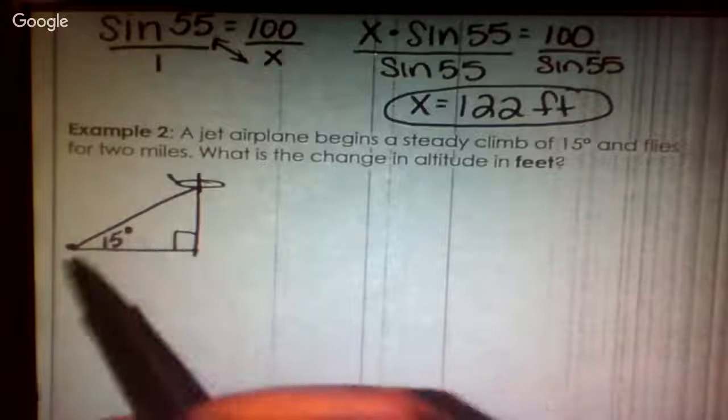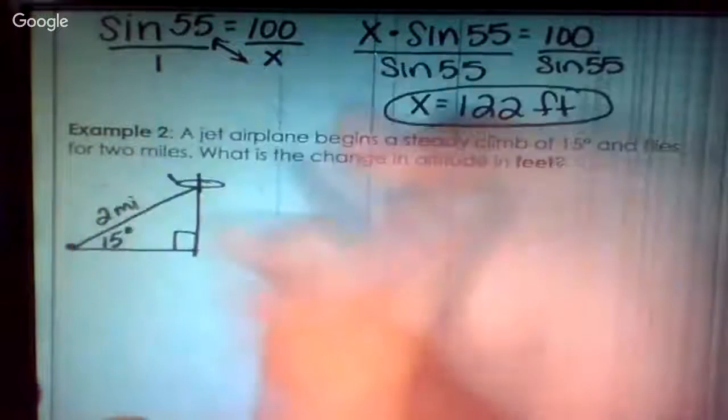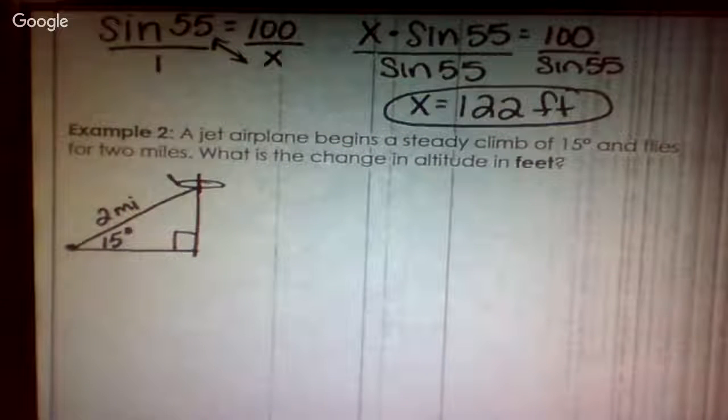The plane takes off from here and goes to here. This is 2 miles. It doesn't say your plane is 2 miles out. It says it flies for 2 miles. So that's the path of your plane. The last one, the question says, what is the change in altitude? What does the word altitude mean? Height. Good. So we're looking for this.